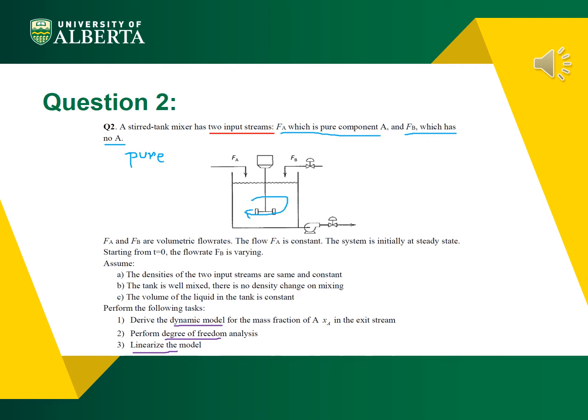The flow FA is constant. It should be noted that the flow is constant here. The system is initially at steady state. Starting from time t is equal to 0, the flow rate FB is varying. And then the assumptions have been laid down.